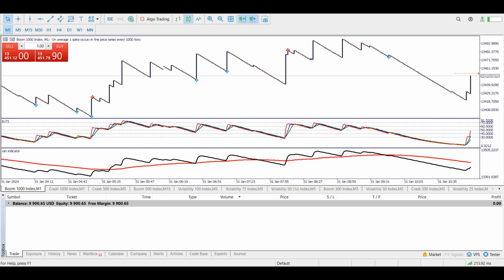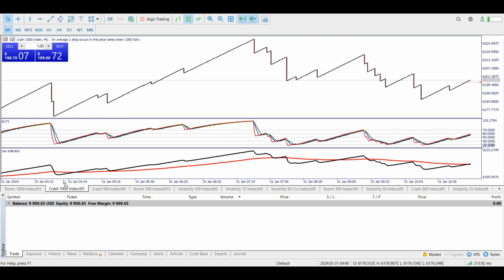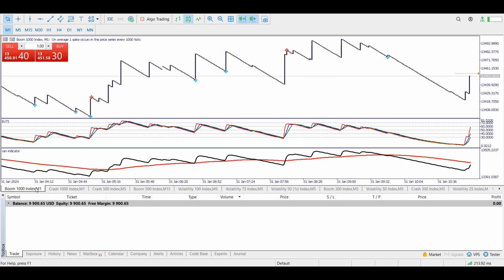Then when you go to our UTI, which is the second indicator, you will notice that it has gone way below our level 30, our level 40, which means it's ready to buy. But we don't have a crossover yet, so we're waiting for a crossover. Once it crosses over on Boom 1000, we then take the trade, and that's how we buy. So let us wait for it.